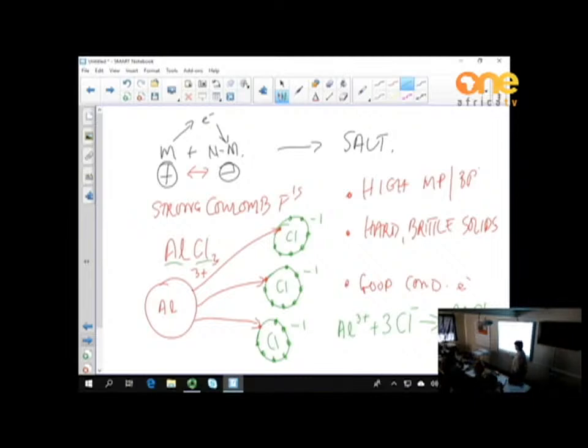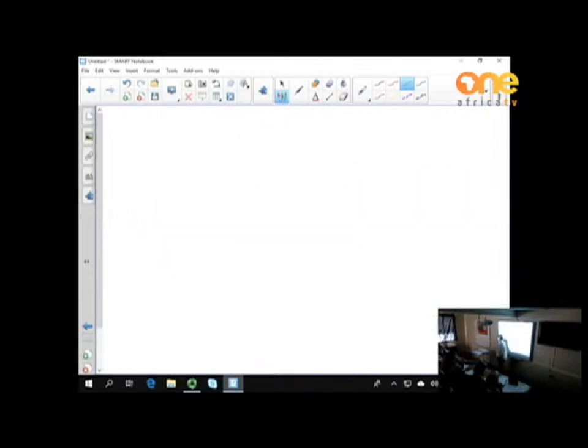Okay. All right. People remember that we can get double and triple bonds. For example, the oxygen molecule. Oxygen has got 6 electrons in its outer shell, it's looking for 2. So each oxygen will share 2 of its original 6 electrons.